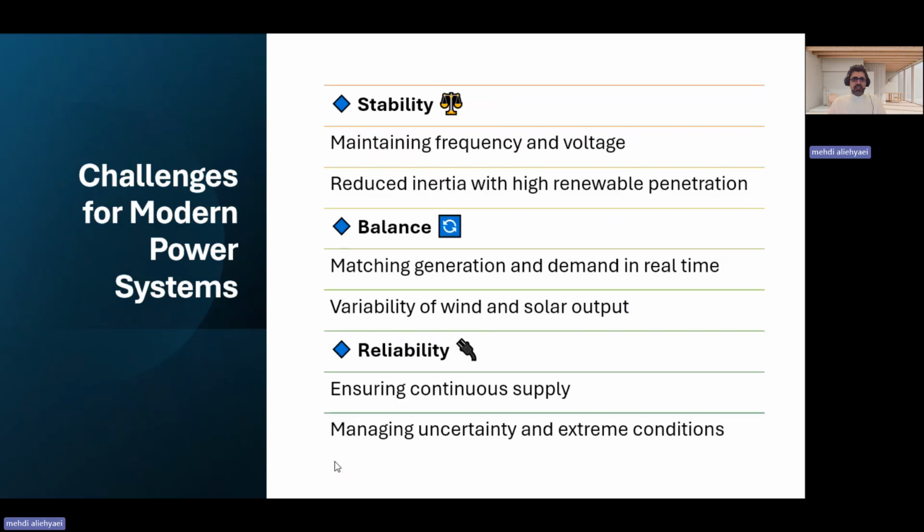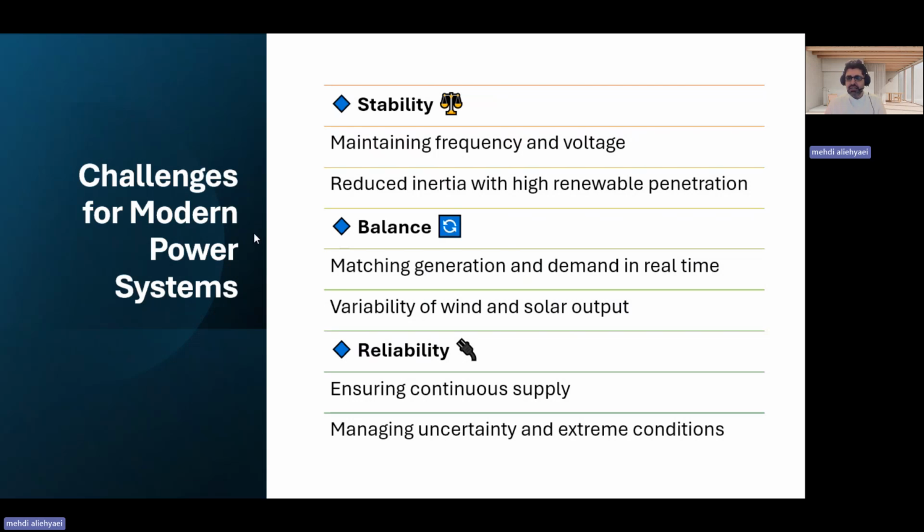About the challenges for the modern power system, this is a very important slide that we have taken a look at. As renewable energy use increases, power systems face three main challenges. The first one, system stability becomes more difficult because renewable sources provide lower inertia compared to conventional power plants.